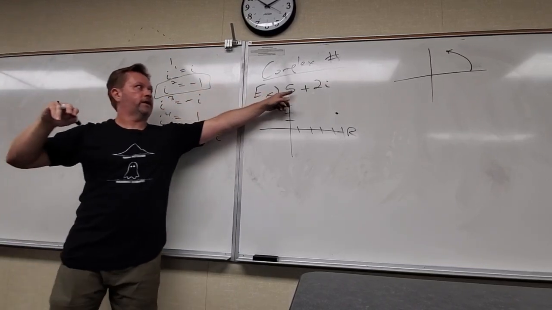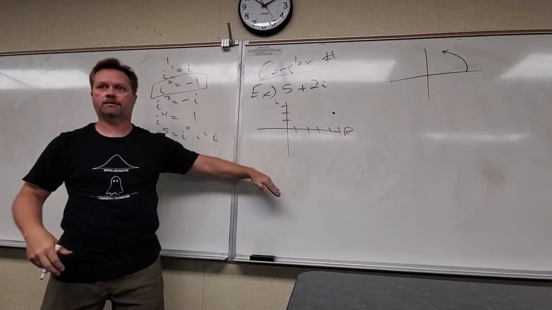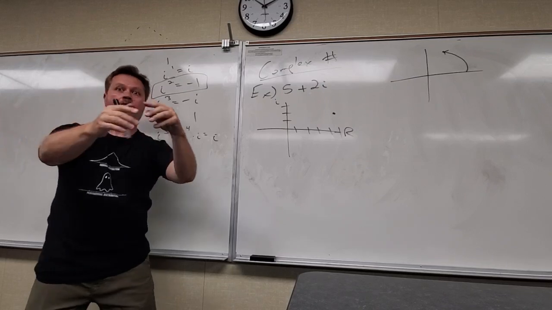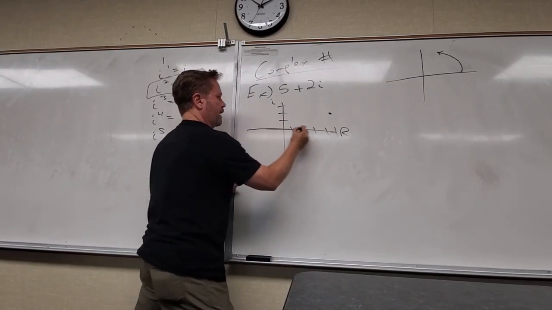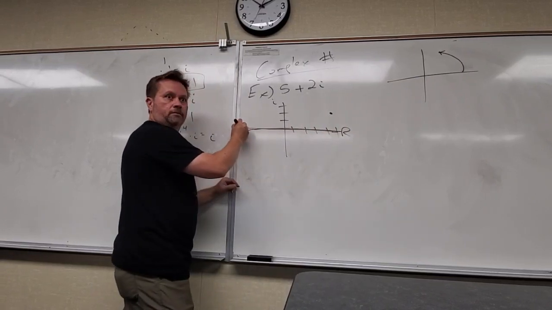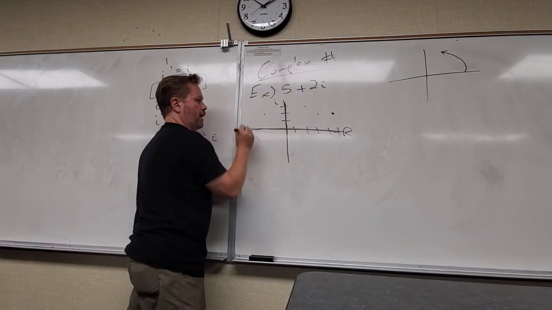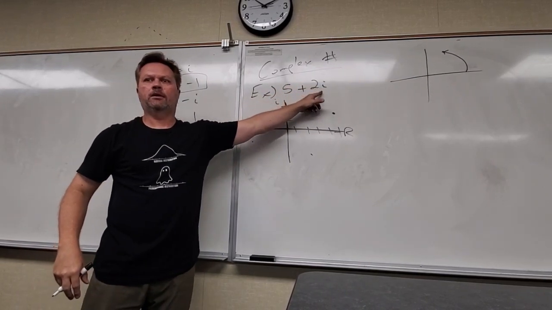So it's almost like a point, but now I have a real axis and an imaginary axis. So yes, anytime I stop partway through, anything on this axis is purely real. Anything on this axis is purely imaginary. So anything halfway in between is going to be a mixture of real and imaginary.